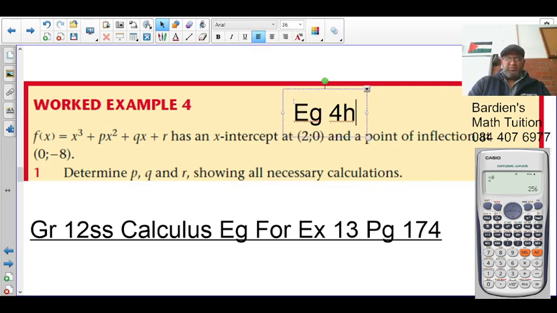Example 4 is on page... Okay, which page is it? 173.